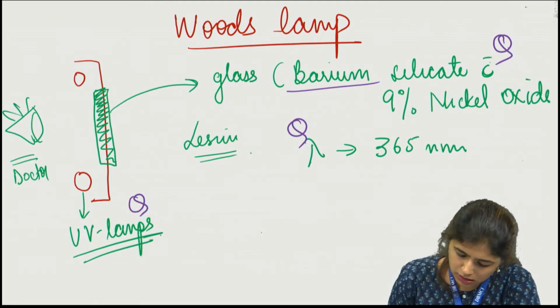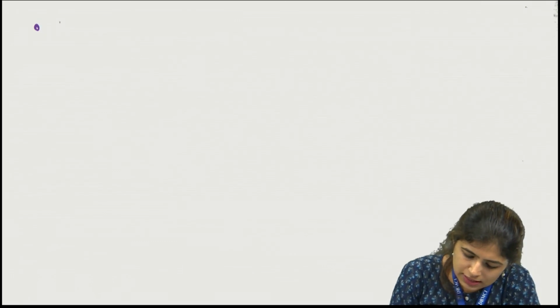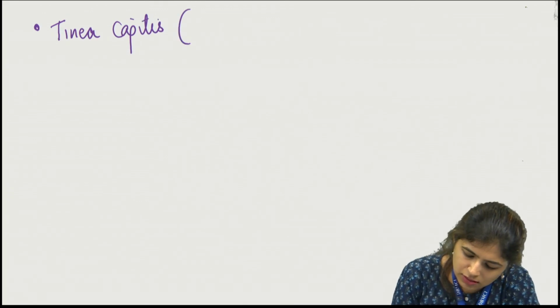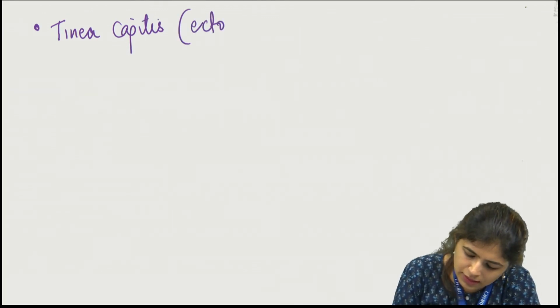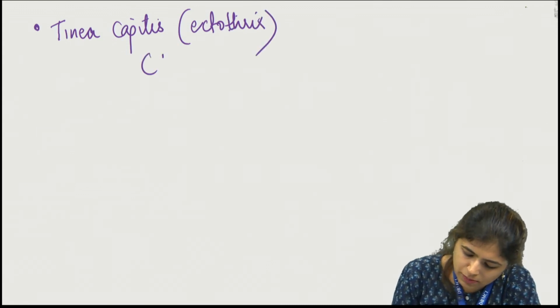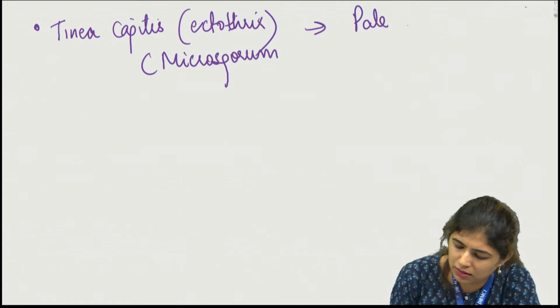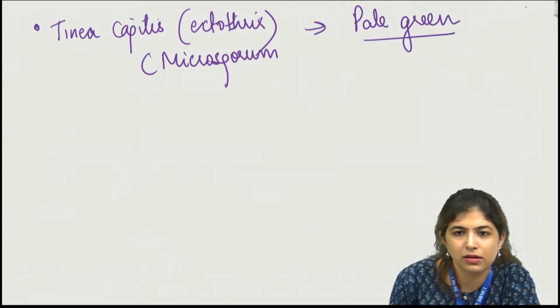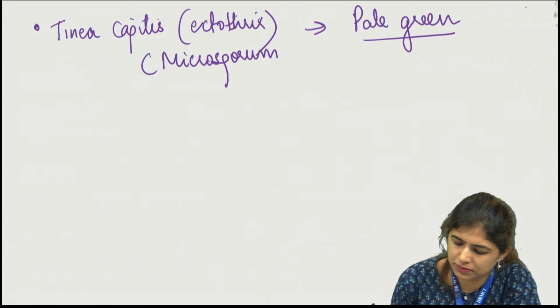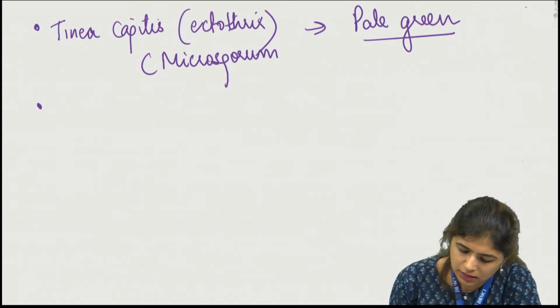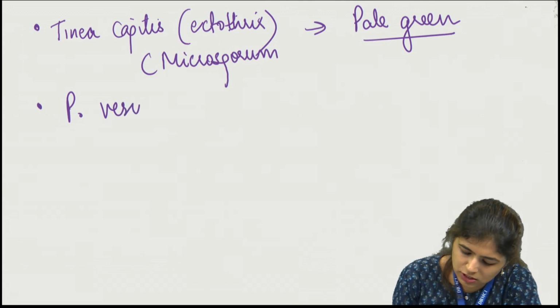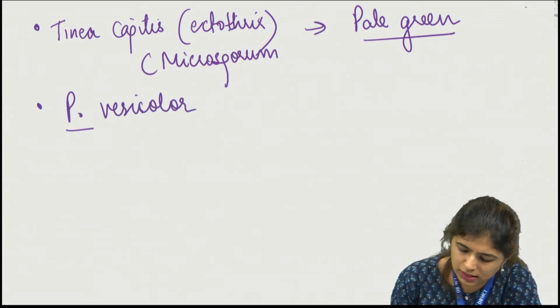Some important Woods lamp positivity are seen in Tinea capitis, the ectothrix type, which is caused by the Microsporum species. You will get a pale green fluorescence. Then you see this in another fungal infection, which is P. versicolor.